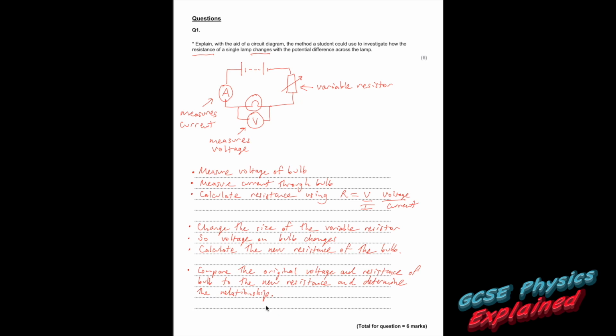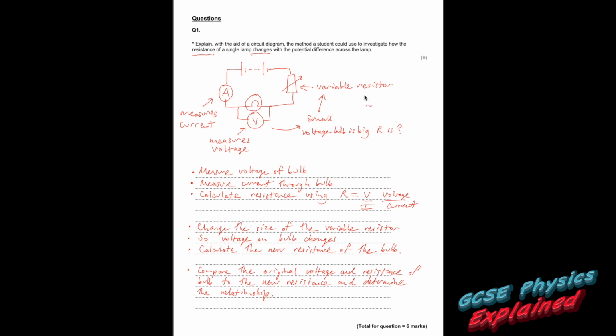relationship. For example, if at first you make the variable resistor small, that means that the voltage on the bulb will be big. And you'll find out what the resistance will be.